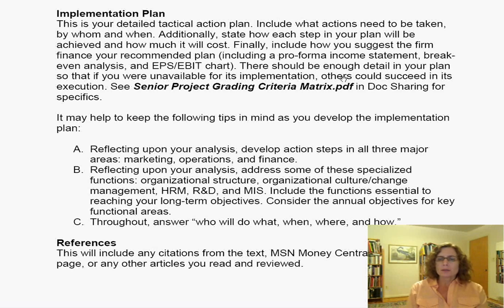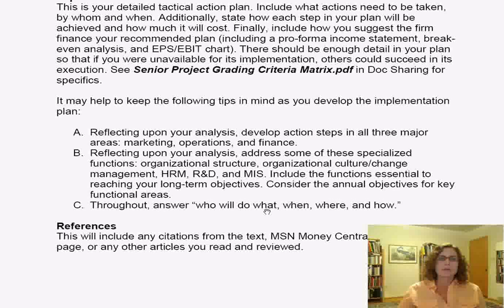The wording in the instruction document makes it look that way, but that is not required, but it may strengthen your presentation if it makes sense to include it there. The EPS-EBIT chart is required if you cannot fund the strategy through working capital. So if your company happens to be rich with working capital, then you wouldn't need to include that chart. So let's take a look at what I have specified as items A, B, and C down here.